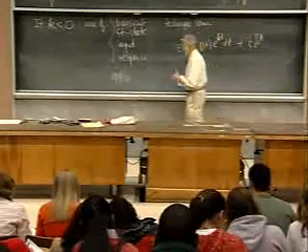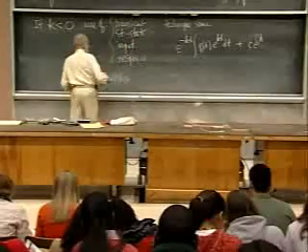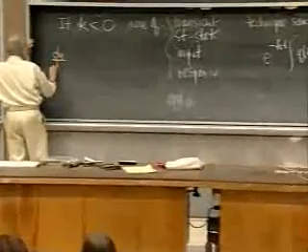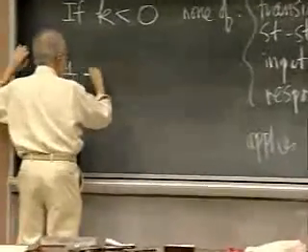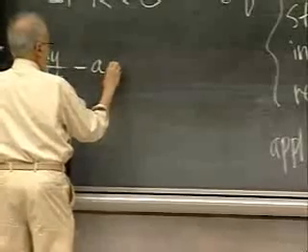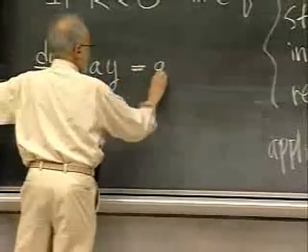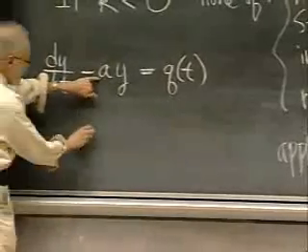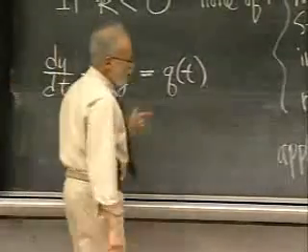Oh, this is terrible. No. dy/dt. Let's give an example. The equation I'm going to look at is something that looks like this: y prime minus ay equals q of t, let's say, a constant, but the constant a is positive, so the constant here is negative.